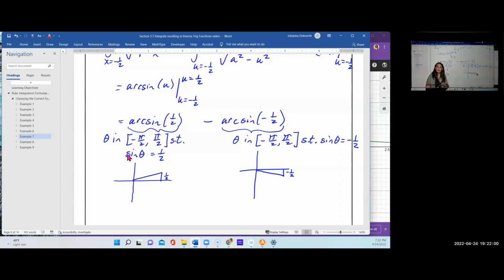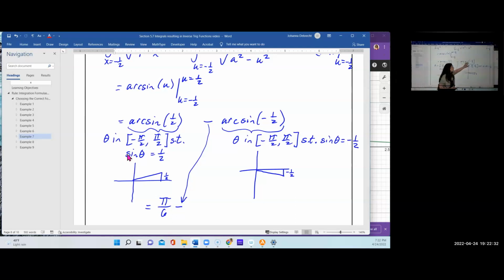The angle that gives us a sine of 1/2 is pi over 6. Remember to use radian measure when you do your inverse trig. This is going to give me pi over 6 to replace arcsine of 1/2. Then I need to look at the second one. This minus comes from subtracting the values plugged in from the limits of integration.